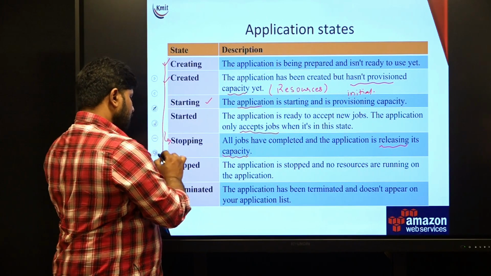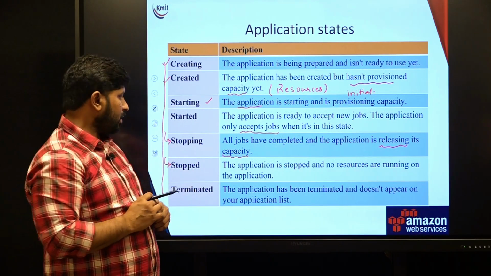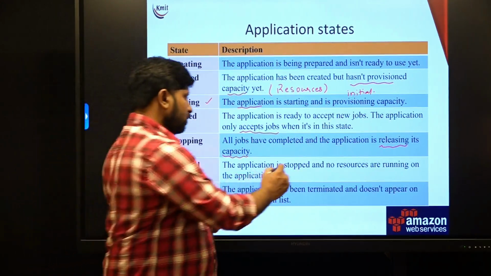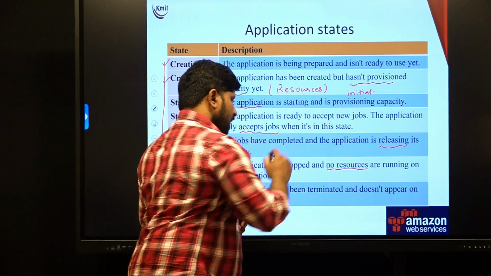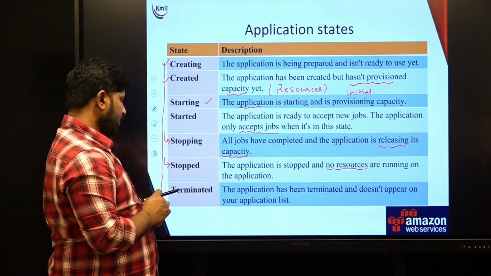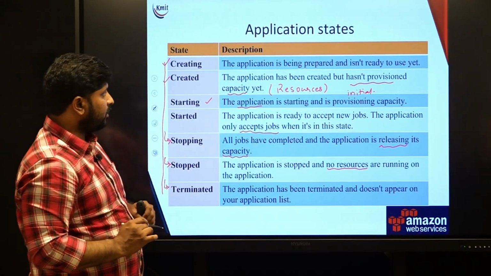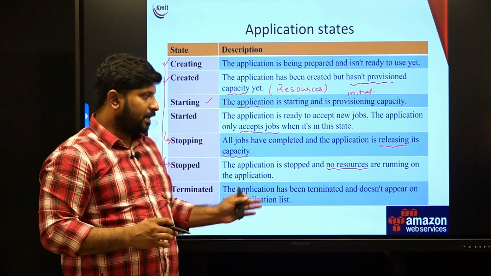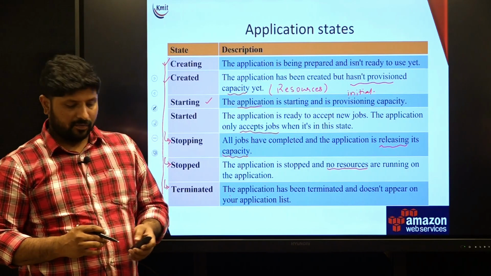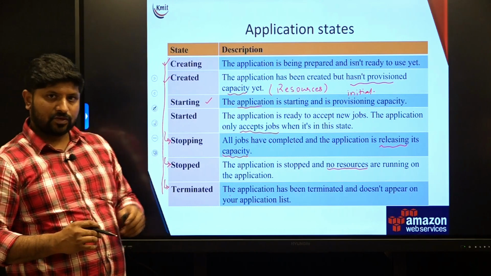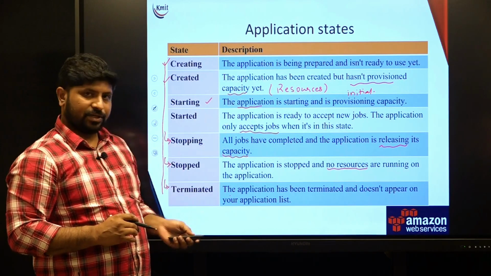Once the resources are released, it moves into stopped state where no resources are running as the resources are released. And once the application is done with its execution of jobs, it can be terminated at the end of the day. So, all these are the various phases or stages in an application.